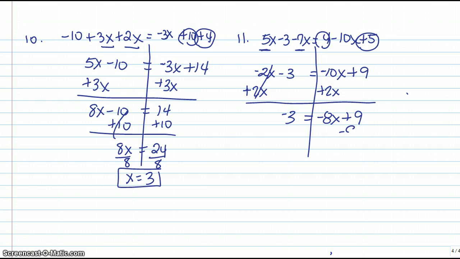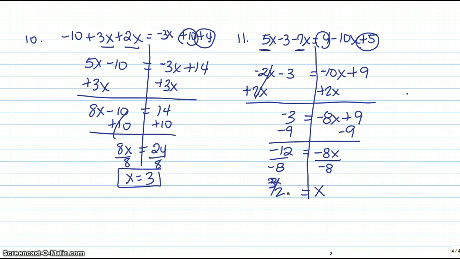Then I'm going to subtract 9 on both sides, giving me negative 12 equals negative 8x. Since we want x to be by itself, we divide by negative 8. And finally, x is going to equal a positive 3 halves, or 1.5.